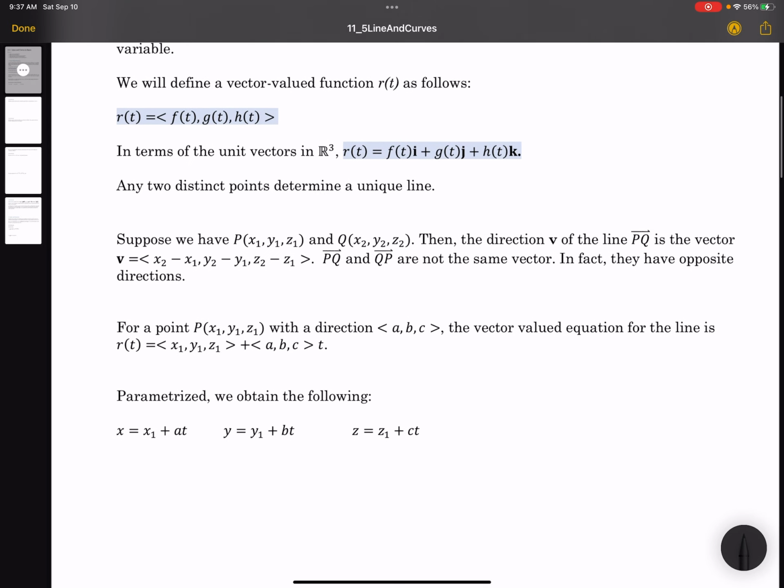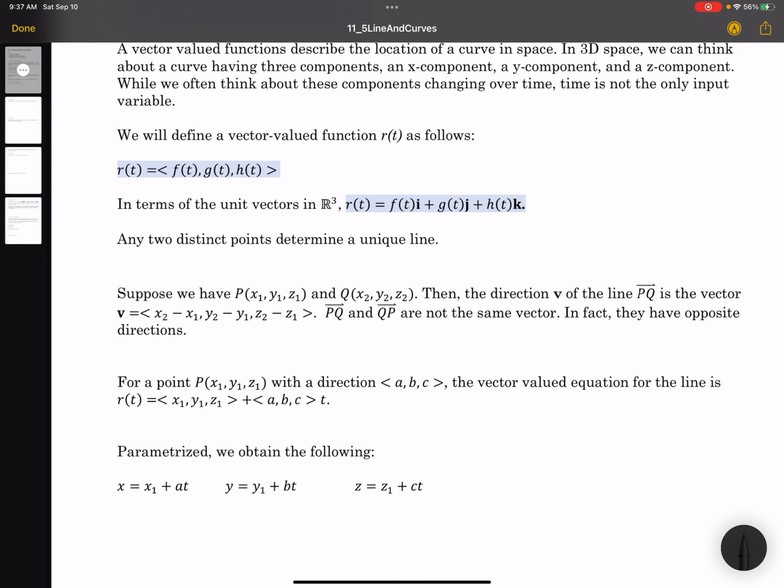Vector value functions are just vectors that have equations for each of the components. In component form, we would have just the three functions separated by commas inside of some pointy brackets.